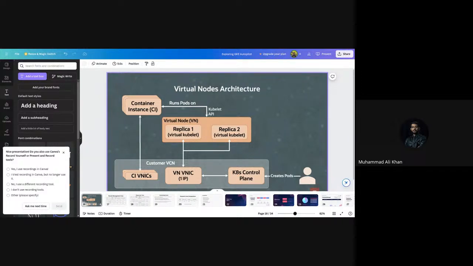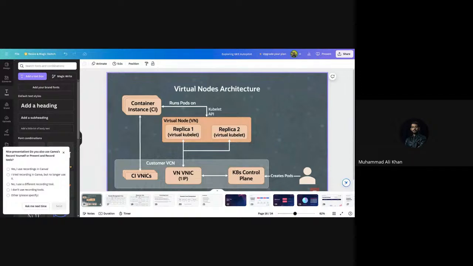So mainly a virtual node is a single node on which we can deploy thousands of pods. A virtual node acts as an abstraction layer between the container instance running our pods and how we deploy our pods on Kubernetes itself.